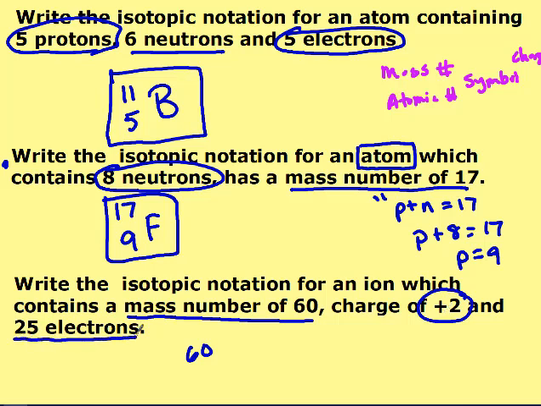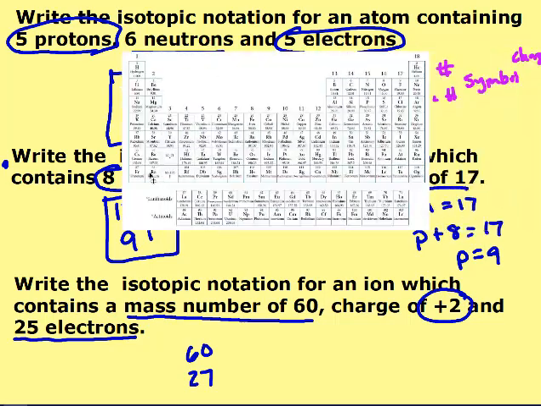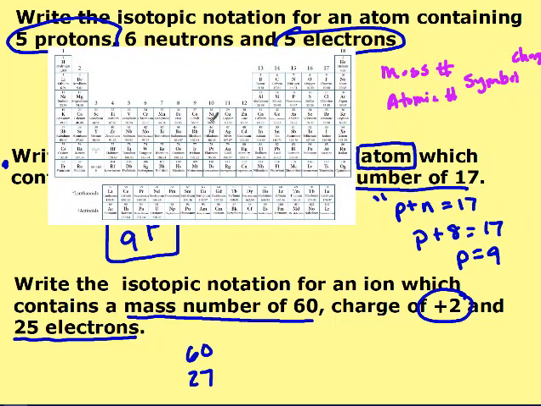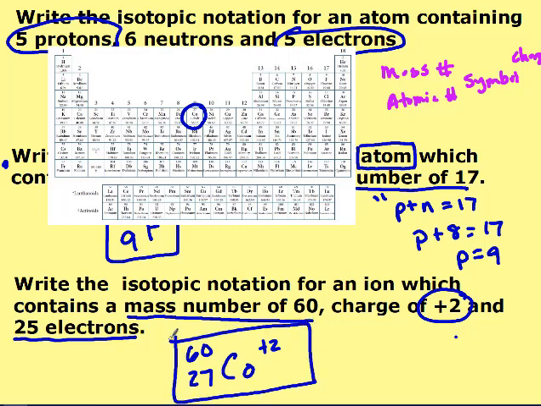I have 25 electrons, so I must have 2 more protons than that, so 27 protons. Looking on the periodic table, 27 is here. So that's cobalt, and that's a positive 2 charge because they gave me the charge. And so that should be your answer for the last one.